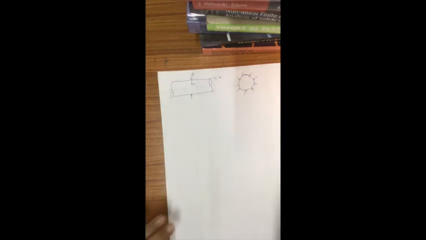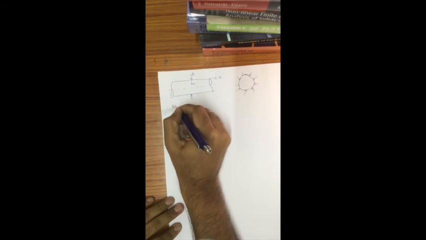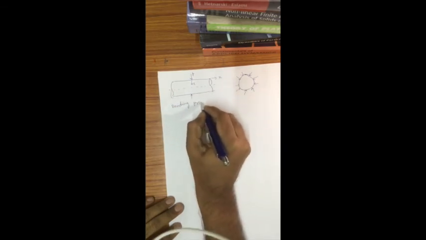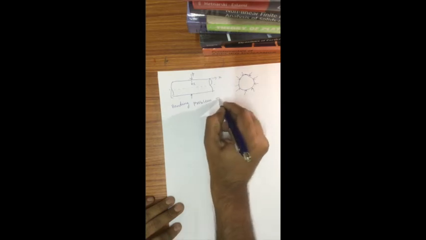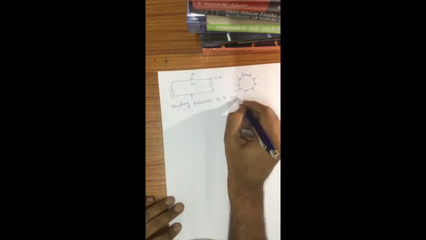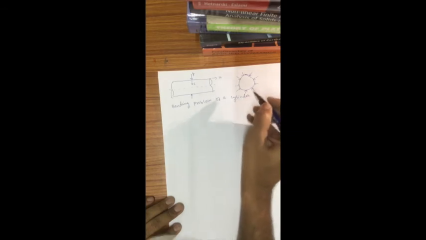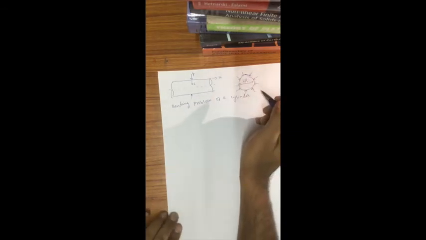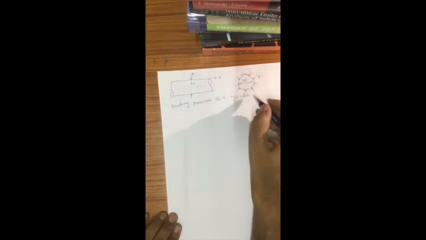Okay, so this is the side view and this is the cross sectional view of the cylinder, right? So this is actually the bending problem of a cylinder. This diameter is equal to 2r, and this is P, pressure.